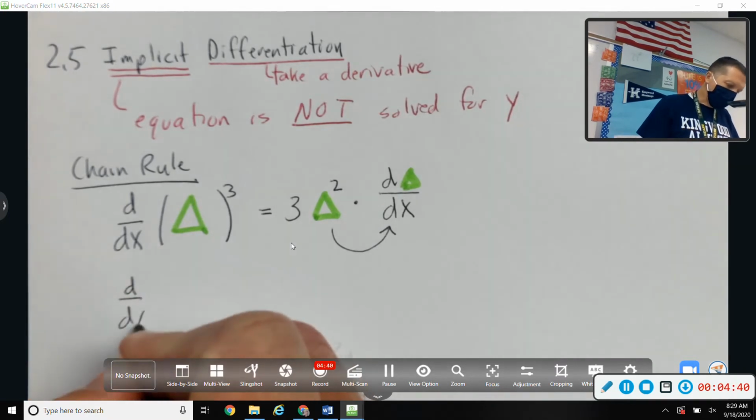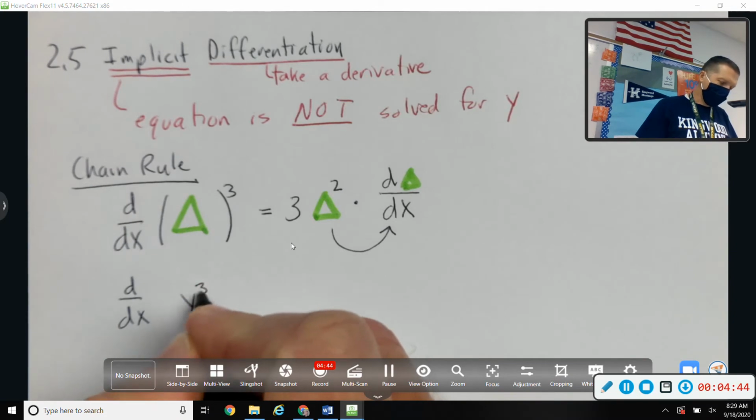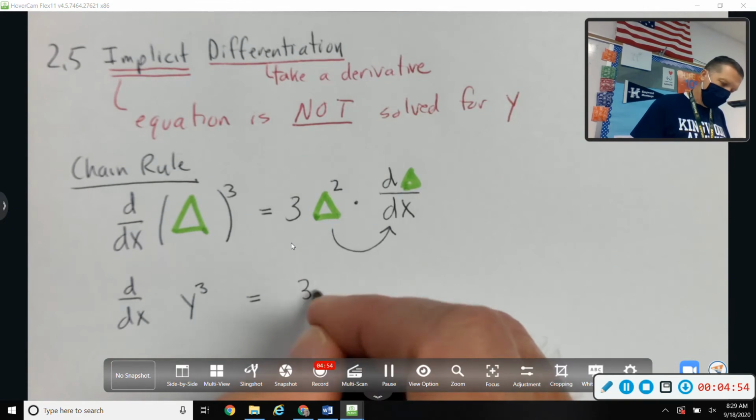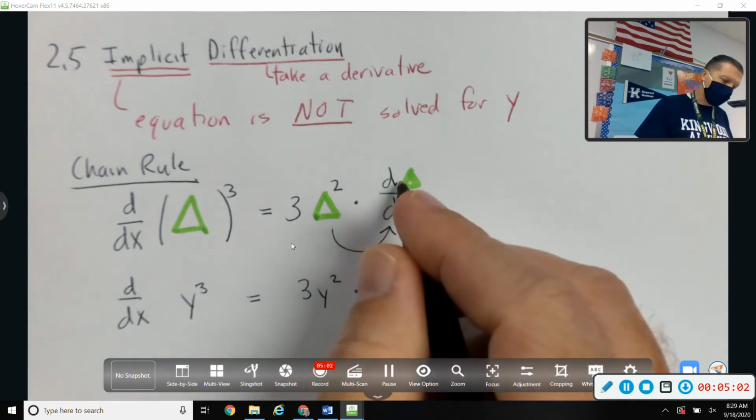So if we take the derivative, remember d dx just means take the derivative of y cubed. Well, y is sort of taking the place of our green triangle here. 3y squared, but we're not done, because y probably does have a derivative with respect to x.